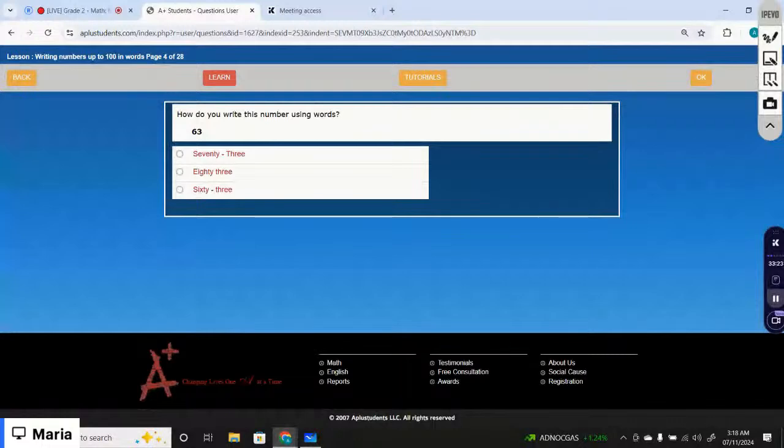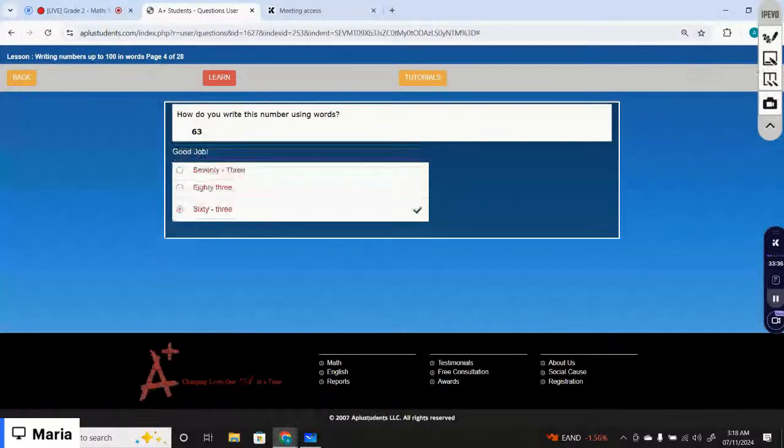You need to write it in word form. Actually, the word form is how we read the number, right? So we can read it as sixty-three. That is option number 3. Option number 3 is the correct option.